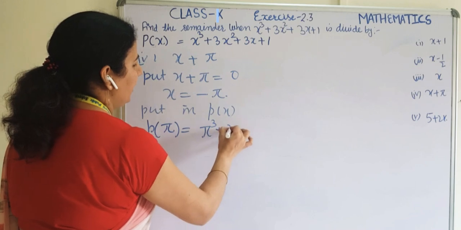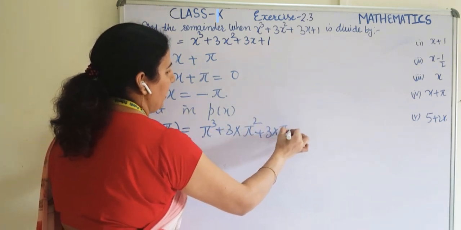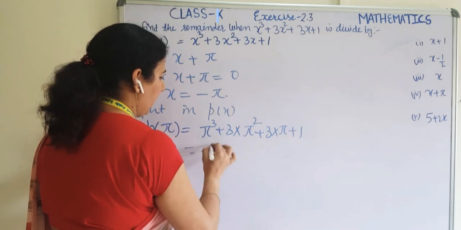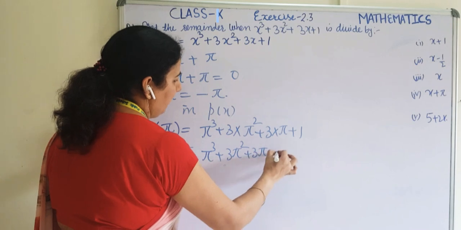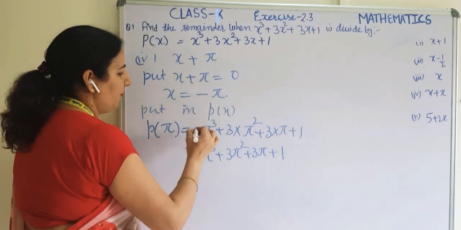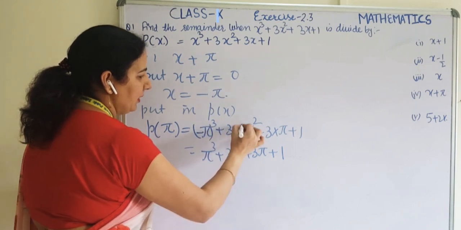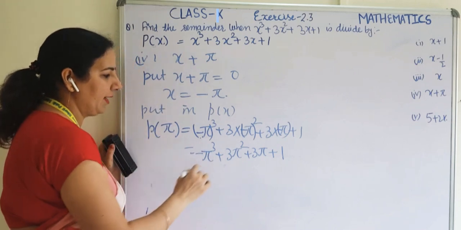Pi cube plus 3 into pi square plus 3 into pi plus 1. Pi cube plus 3 pi square plus 3 pi plus 1. We have to put minus pi, so minus pi cube is minus.